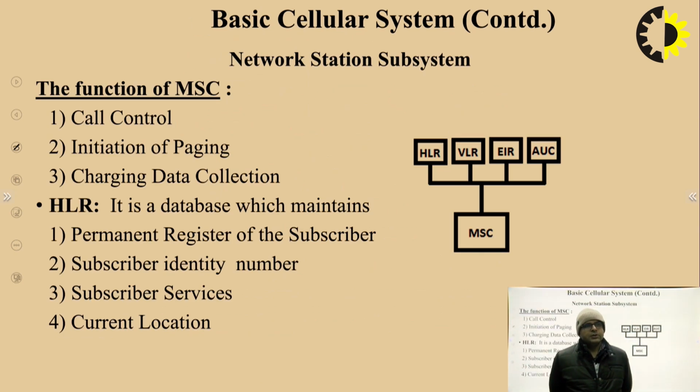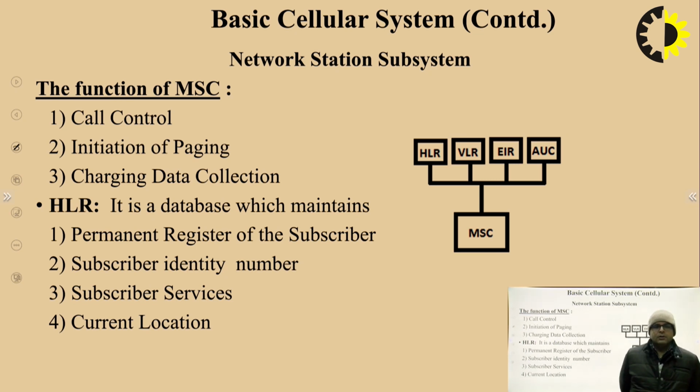Now we will discuss the mobile switching center. So the mobile switching center basically performs call control, initiation of paging, and charging data collection. The mobile switching center is further divided into four parts: HLR, VLR, EIR, and authentication, that is AUC.